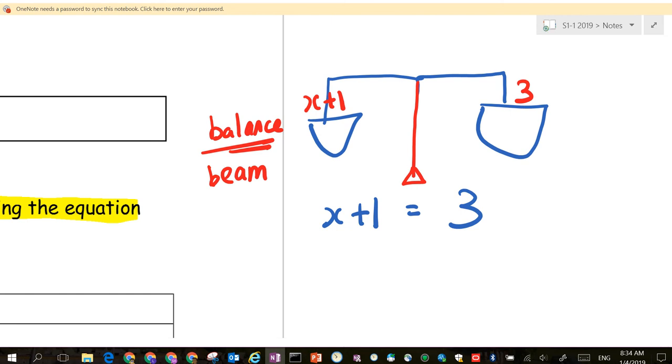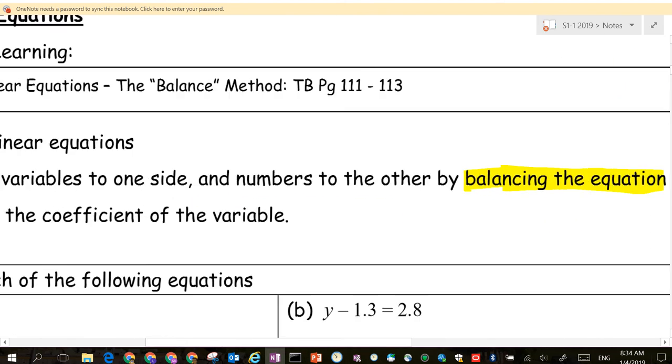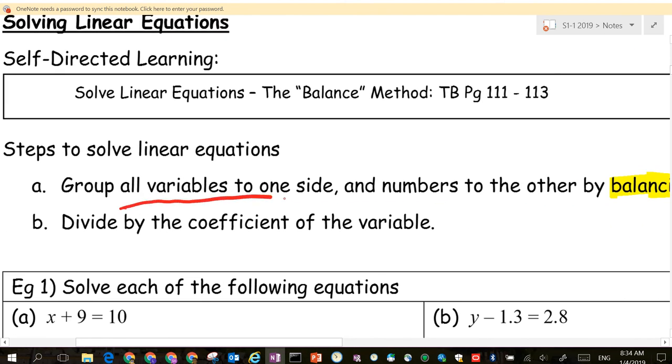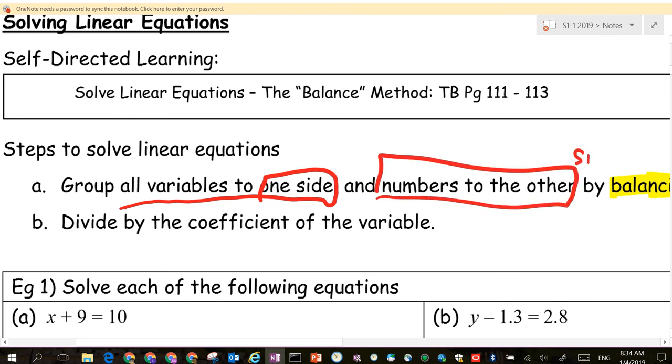Now, the next thing I want to do is what Chandel said. I want to group all the unknown. What did Chandel say? I want to group all the variable to one side. Then all the numbers to the other side.